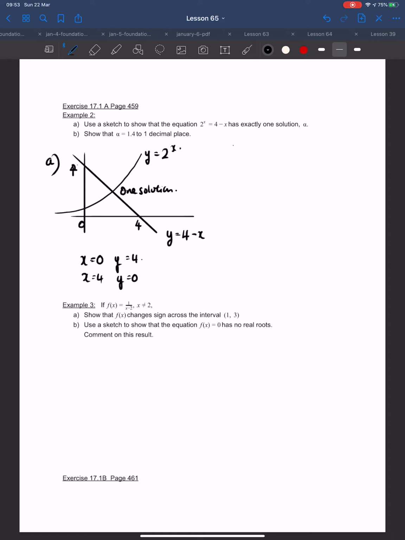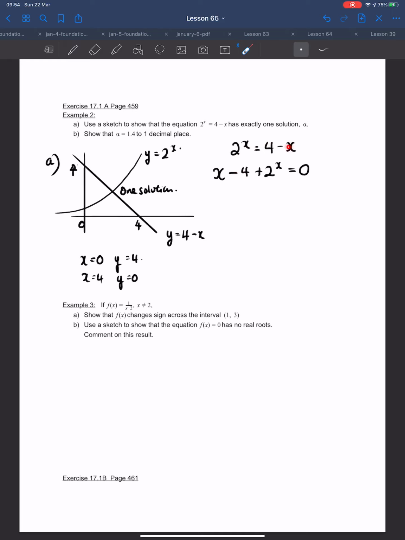So if we've got 2 to the x is 4 minus x, first of all, to use this method that we've detailed on the previous page, we need to have the right hand side equals 0. So we can say x minus 4 plus 2 to the x equals 0. So this solution here, whichever value this is, will satisfy this because it's where 2 to the x equals 4 minus x.